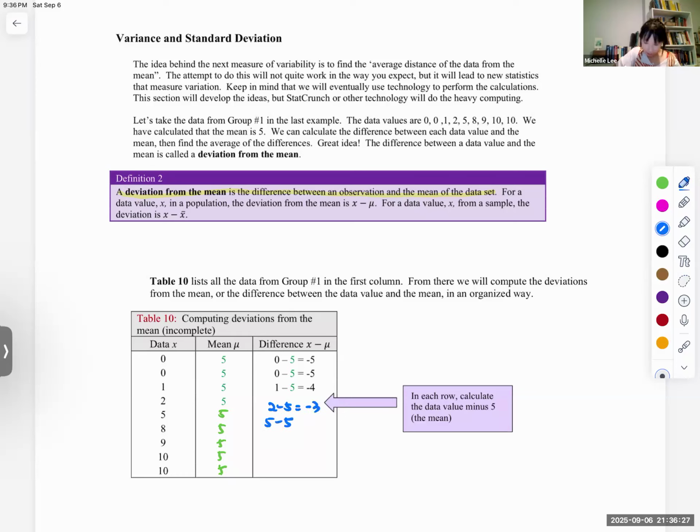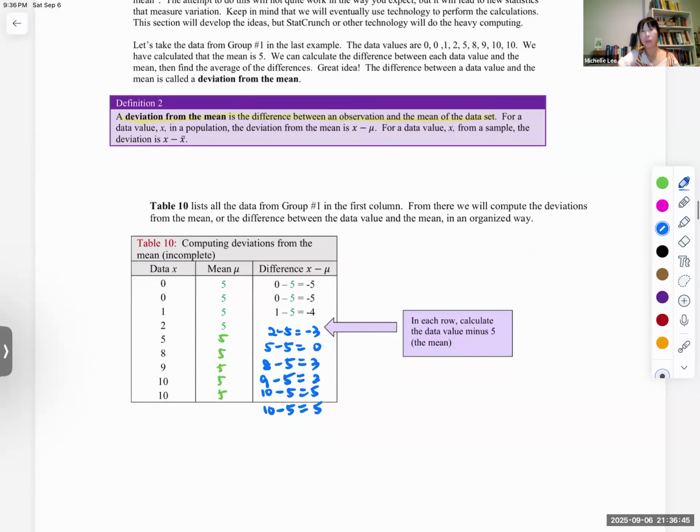So 5 minus 5, which is 0, 8 minus 5 equal to 3, and 9 minus 5, which is 4, 10 minus 5, which is 5, and also 10 minus 5 equal to 5, right? There is no space. Oops, you cannot see.